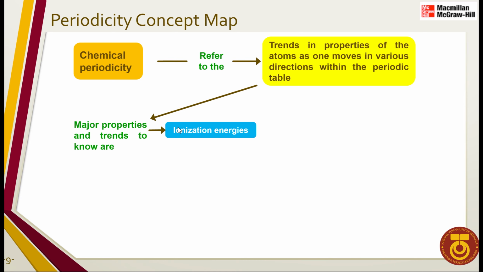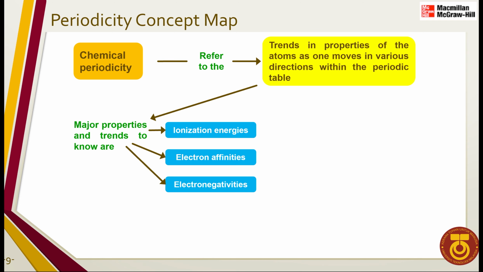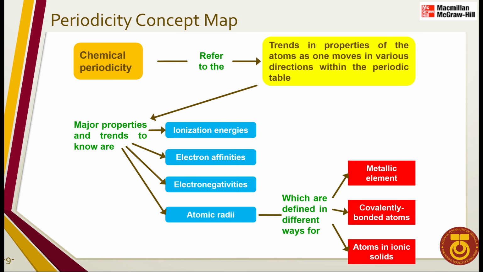They are ionization energies, electron affinities, electronegativities, and also the atomic radii, okay. Atomic radii are defined in different ways for metallic elements. For metal elements, you have a different definition: covalently bonded atoms and also atoms in an ionic solid. So these are the different ways in which atomic radii are defined.